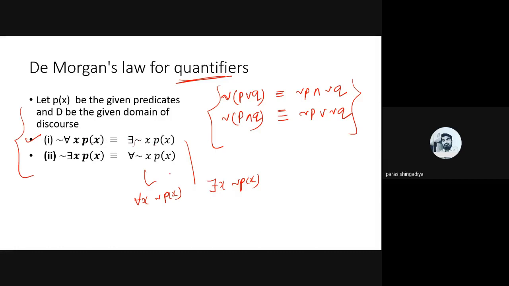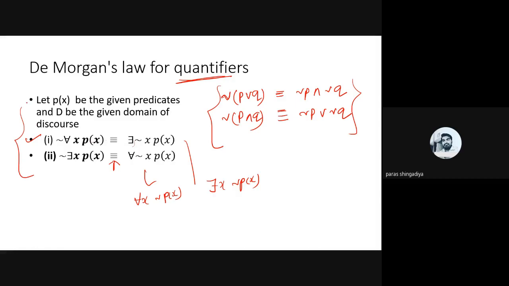Why are these both equivalent? This is read as negation of every x P(x), which is logically equivalent to there exists x negation P(x). And the second one is the negation of there exists x P(x), that is logically equivalent. This sign is for logical equivalence, meaning both are equivalent, both are the same, to every x negation P(x).